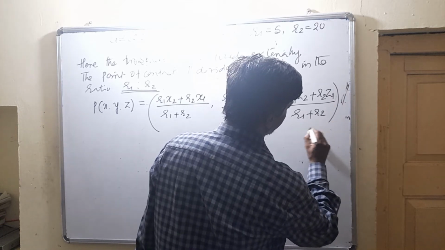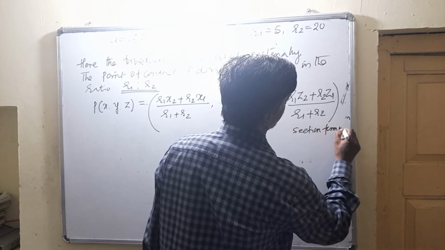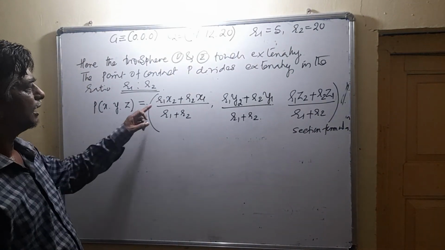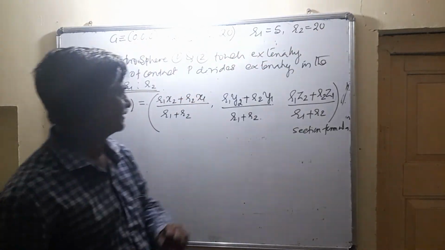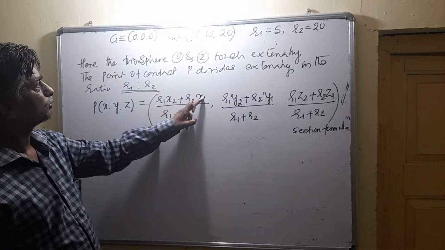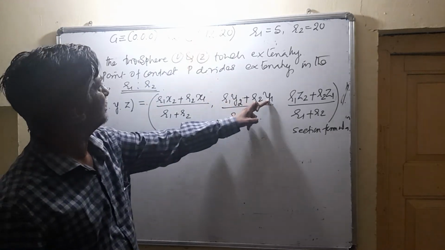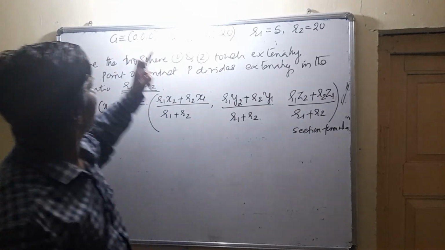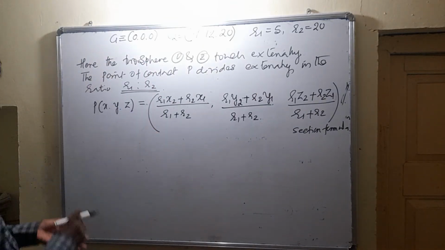This is called the section formula. Correct? Here r1 is 5, r2 is 20. What is x2? x2 is 9, x1 is 0. y2 is 12, y1 is 0. z2 is 20, z1 is 0.